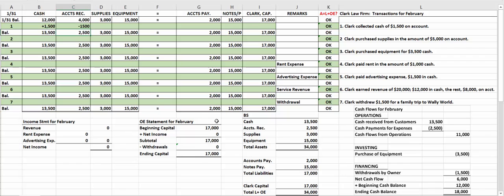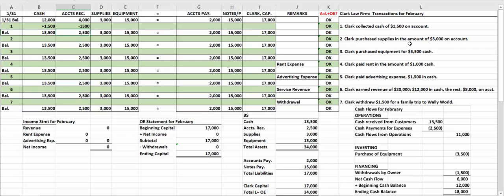You're going to notice down below I've got some financial statements as well, and these are automated. So you'll notice that we are still in balance on the balance sheet, but cash, which started with a $12,000 balance, is now up to $13,500. And the accounts receivable started at $4,000. It's now at $2,500.